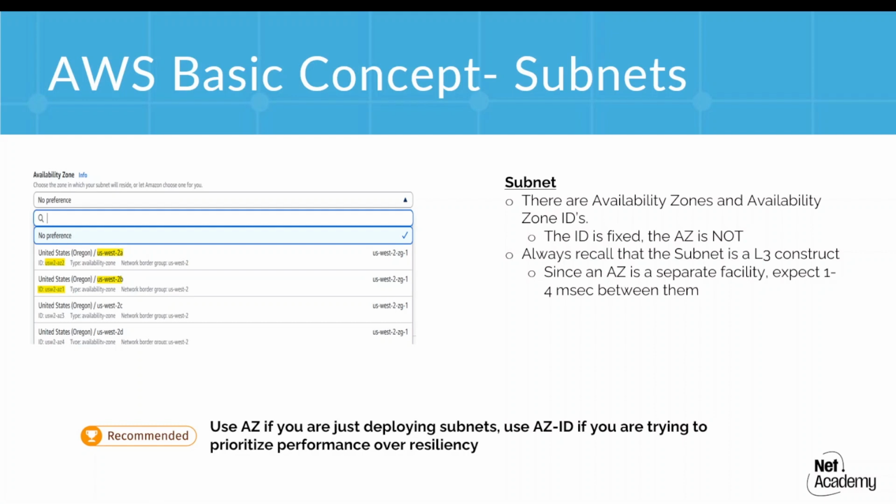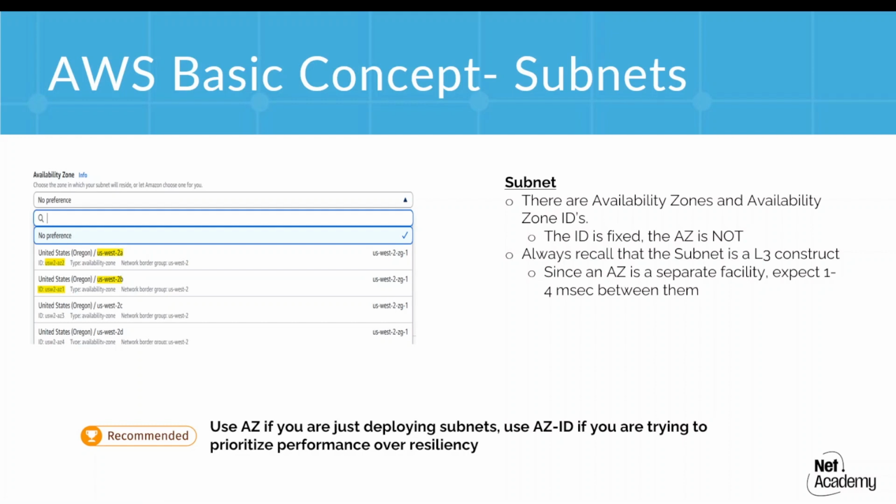This becomes important because if you prioritize performance over resiliency, you may want to go by the AZ identifier, the number, AZ1. You may say, I do want two subnets, but I want them in the same availability zone, or I have two different apps in two different accounts.